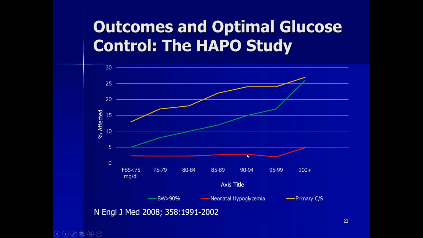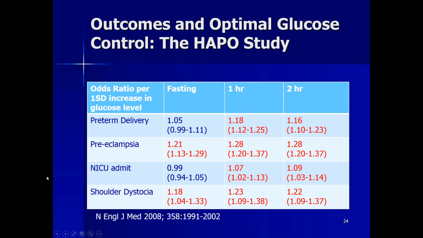If you look at that range between 90 and 94, rates of neonatal hypoglycemia are pretty much standard. Slight increase in birth weight, and cesarean section rates are nearly flat in this range. And this is why that fasting range of 90 to 95 is a battleground for a lot of people, because you really don't see a lot of change in those primary outcomes measured by HAPO.